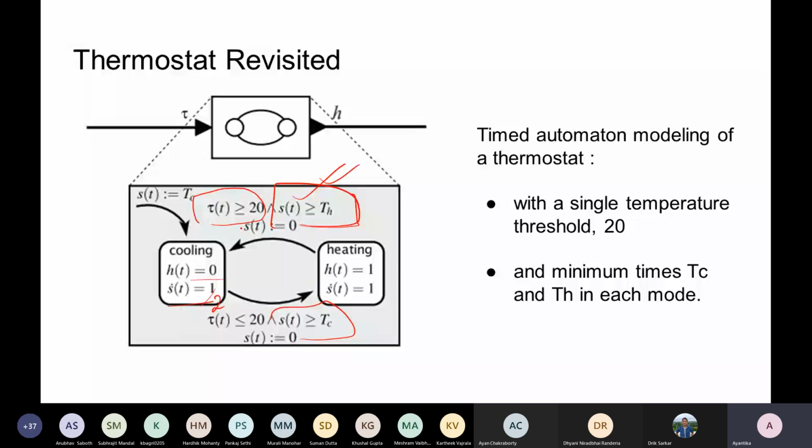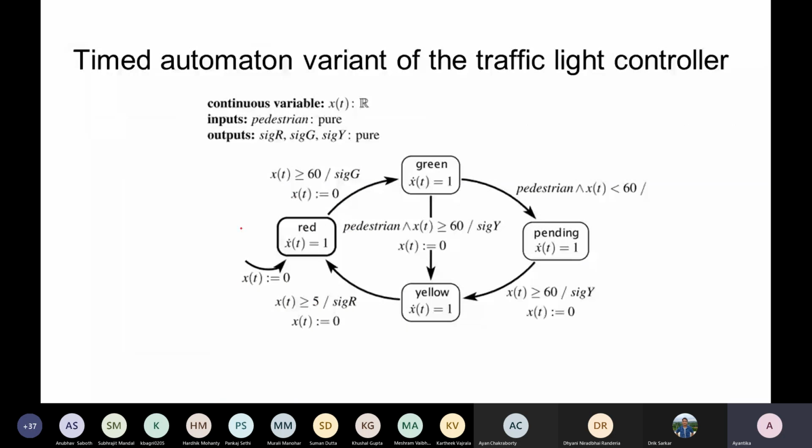So that's why FSM is very important, but that is event driven. And in the event driven modeling technique, we are combining the idea of continuous dynamics. Same way you can see your traffic light controller example, there also you can modify this way and incorporate the concept of timer.